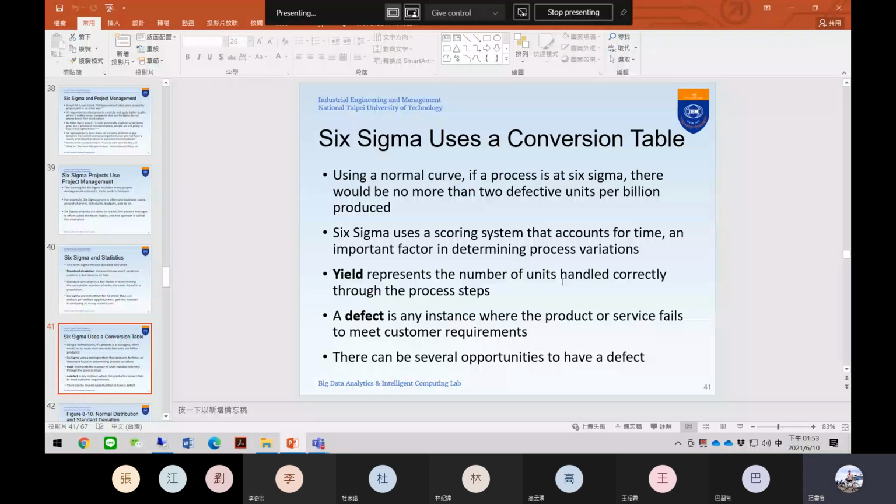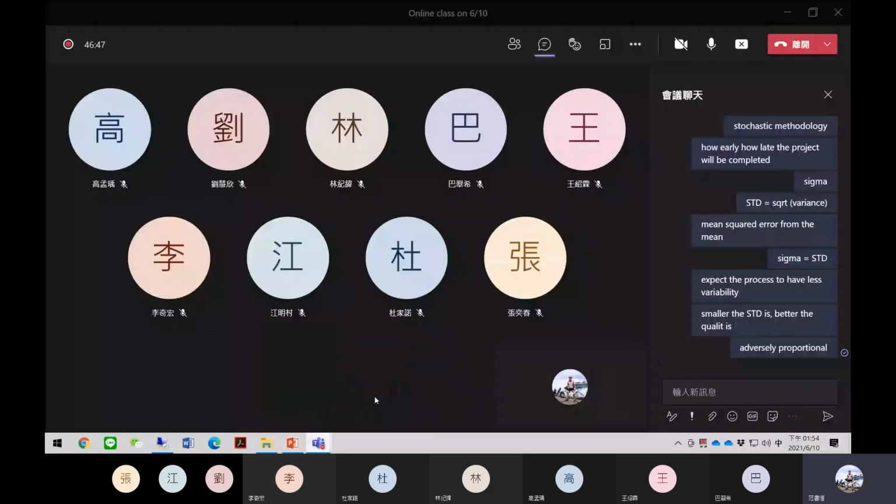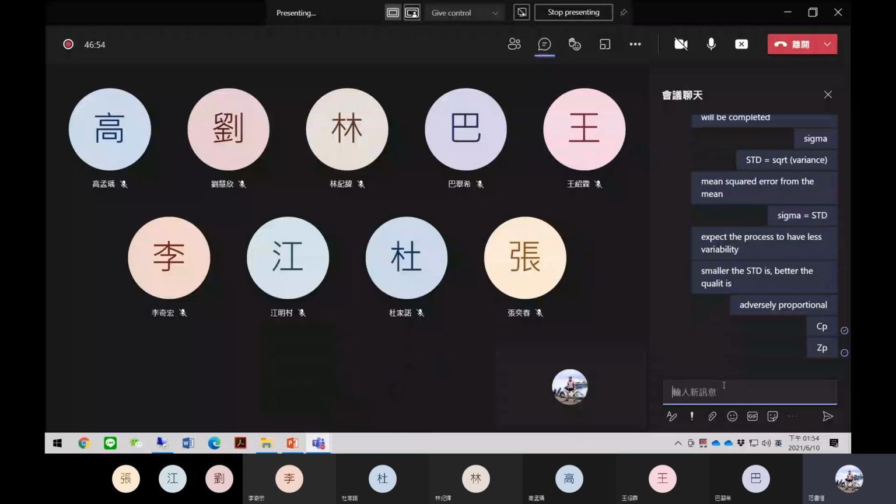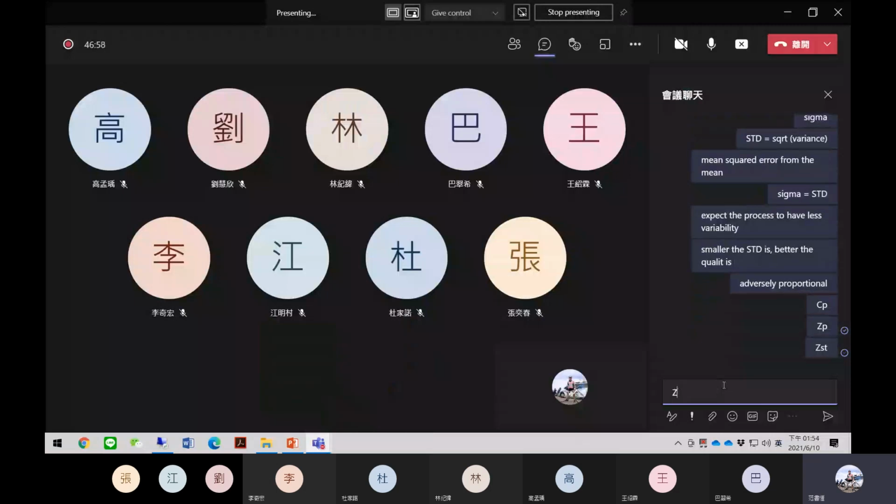So 6 sigma uses a scoring system that accounts for time, an important factor in determining process variation, like Z short term and Z long term.